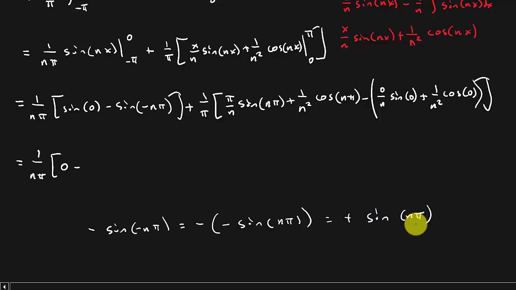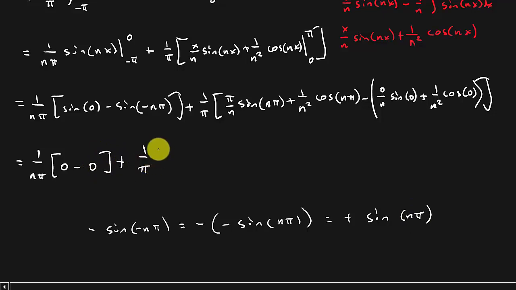That's from trig, your negative angle identities. So we can just look at finding the sine of 1 pi, 2 pi, 3 pi. Because see, that's what n's going to be: 1, 2, 3, 4, 5, 6, 7, and so on. But does it matter what n is? The sine of 1 pi is 0. The sine of 2 pi is 0. The sine of 3 pi is 0. The sine of 4 pi is 0. Doesn't matter. So that's just minus 0 right there.